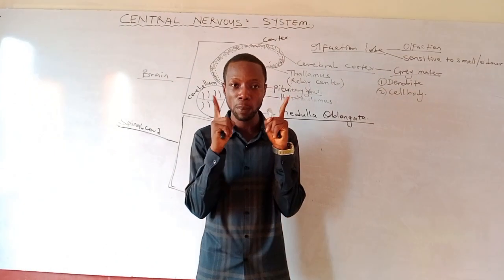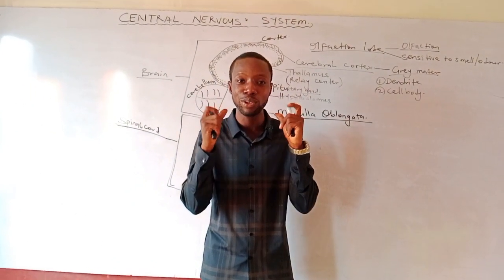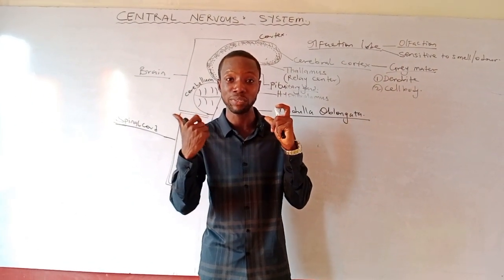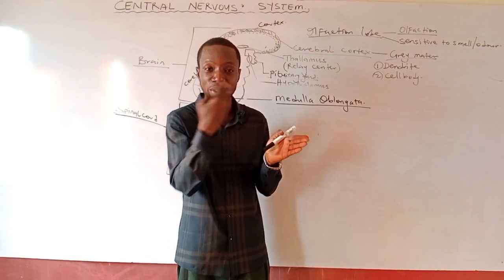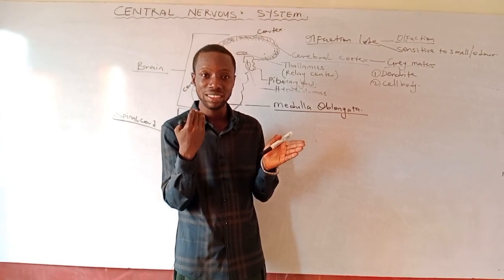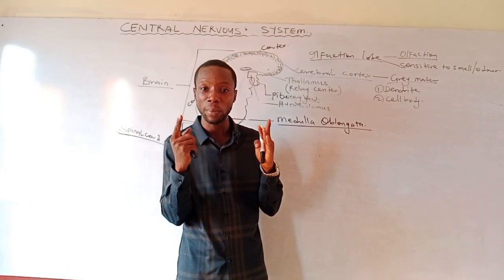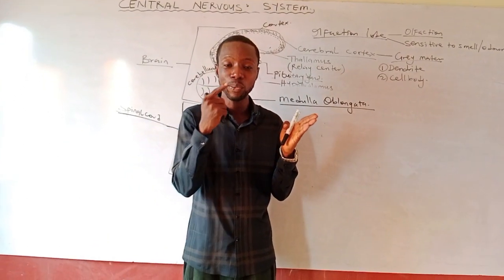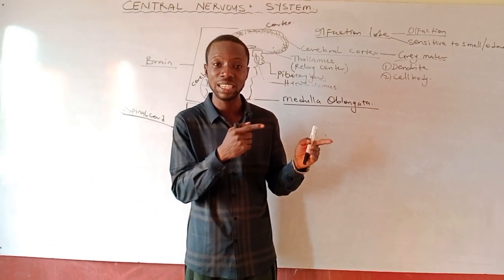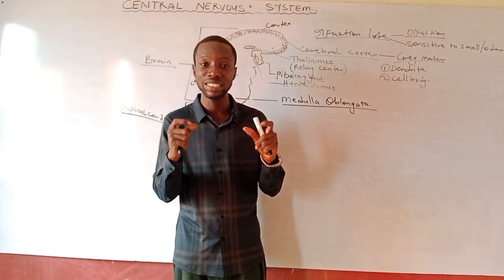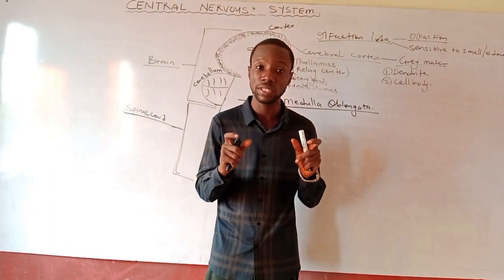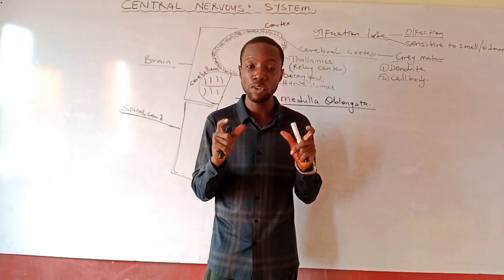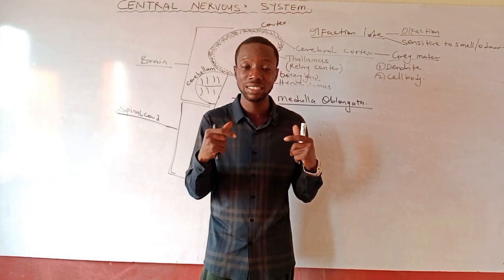The brain is also known as the cerebrum because of its size, and we have the cerebral cortex that comprises the gray matter, which is made up of the dendrites and the cell bodies. And I told you that this is where we have the key functional centers for different functions in the brain, where information is being processed.